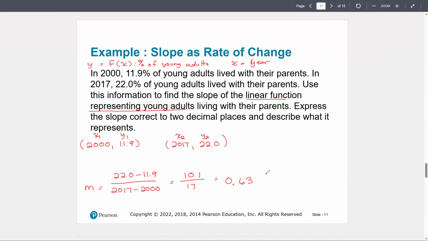Remember, this is representing a change in y over a change in x. So y is the percentage. So this is going to be 0.63% of young adults living at home per year.